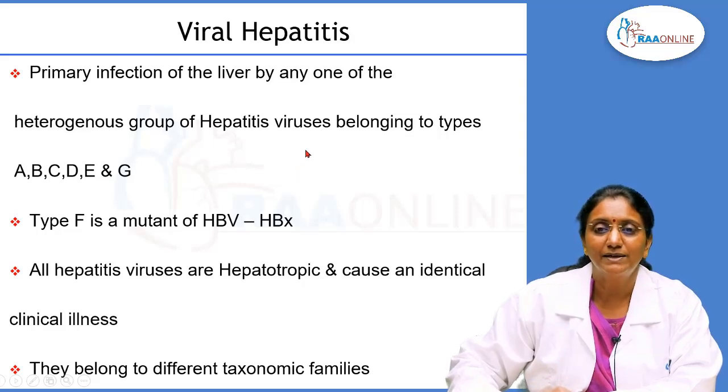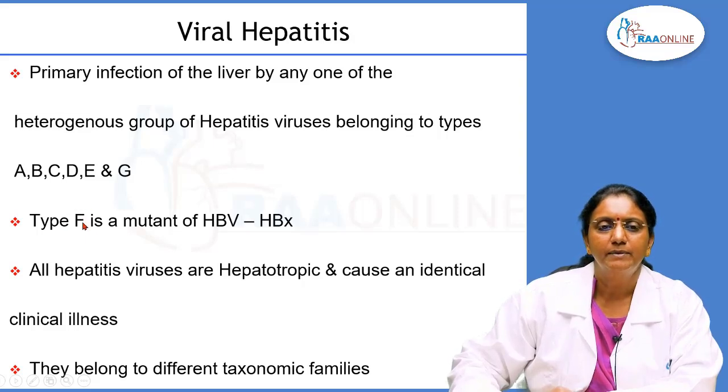The hepatitis viruses are named as type A, B, C, D, E and G. So there are 6 types. Type F is not there. Earlier it was classified as the hepatitis F virus also, but now they found out that it's a mutant of hepatitis B virus, named HBX.